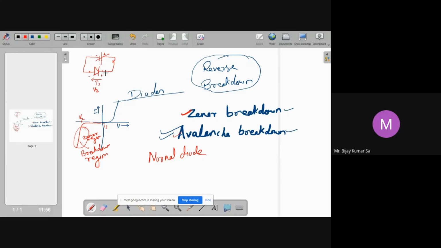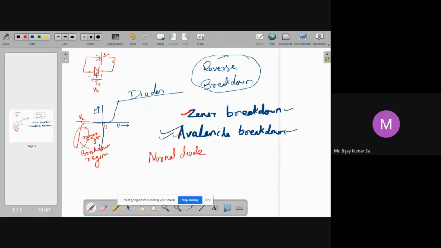How much current will flow through this diode in that situation is controlled completely by the current limiting resistance. If this resistance is very low, let's say it is 0, then a very high amount of current will flow through this diode in the reverse direction. And remember, I am talking about a normal diode.